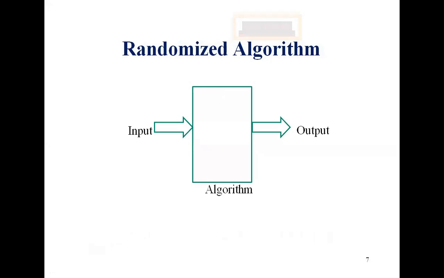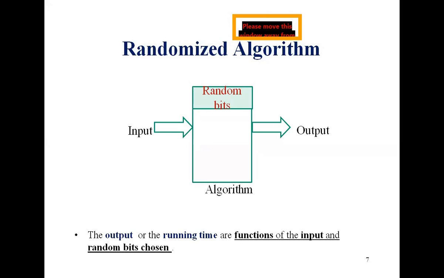Now, see the randomized algorithm. What is a randomized algorithm? In a randomized algorithm, we are giving the input to the algorithm. At the same time, the random bits are also considered in the algorithm to get the output. So the output or the running time are functions of the input and random bits chosen.